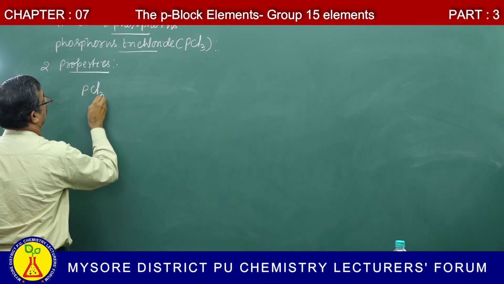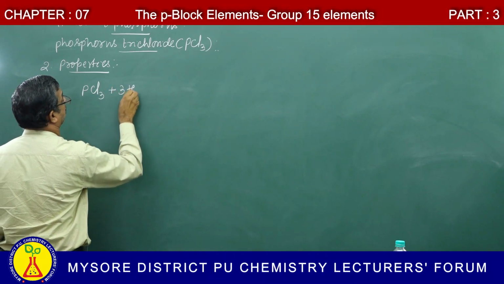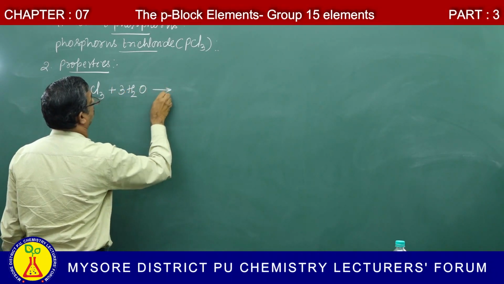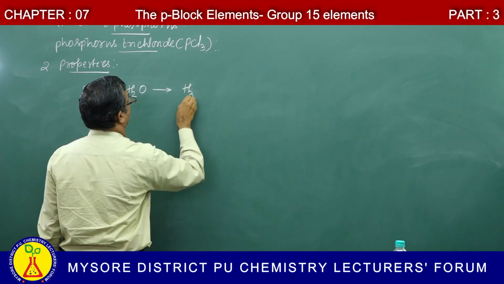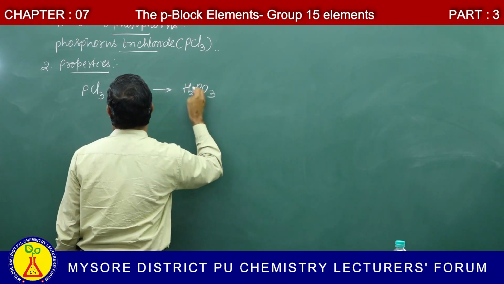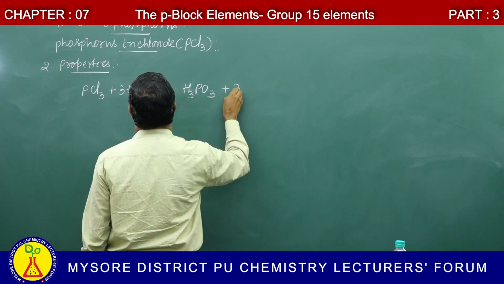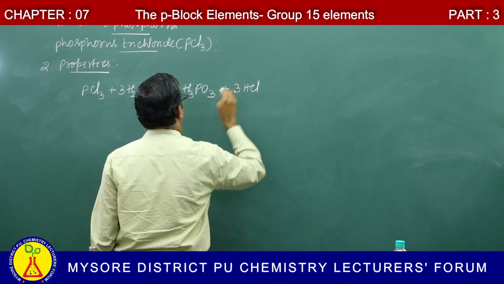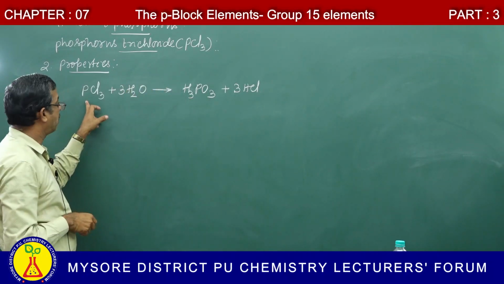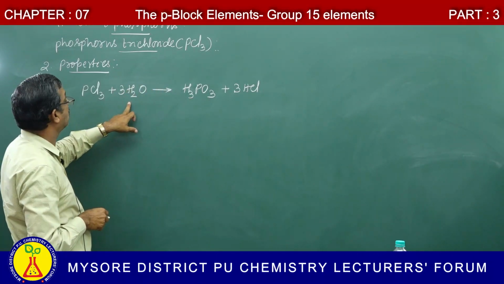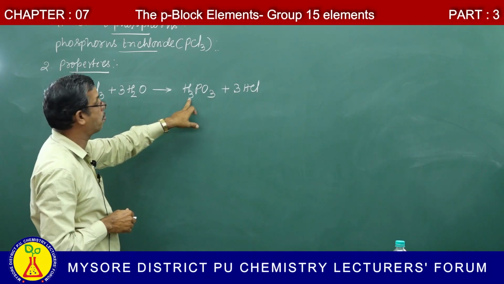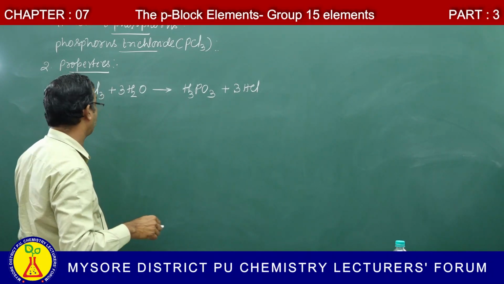PCl3 plus 3 water gives H3PO3 plus 3 HCl. PCl3 hydrolyzes in the presence of moisture to give H3PO3 and HCl.